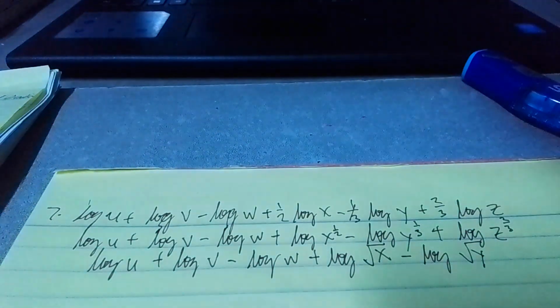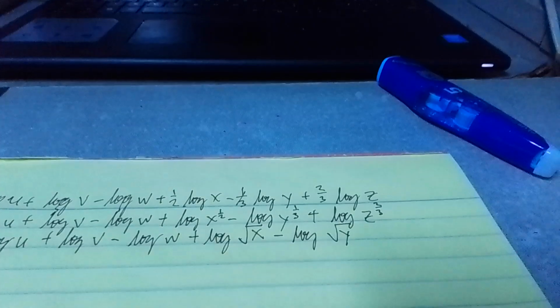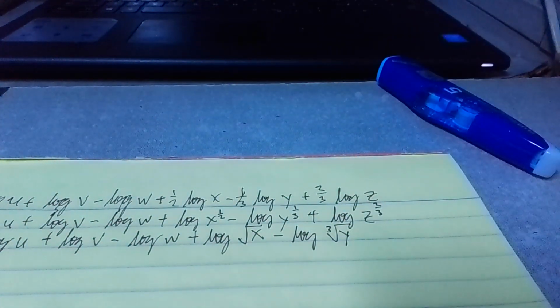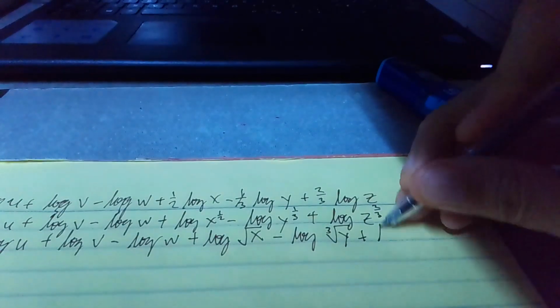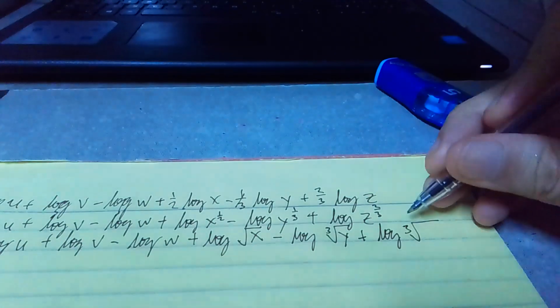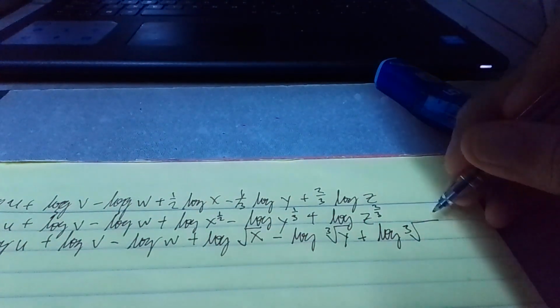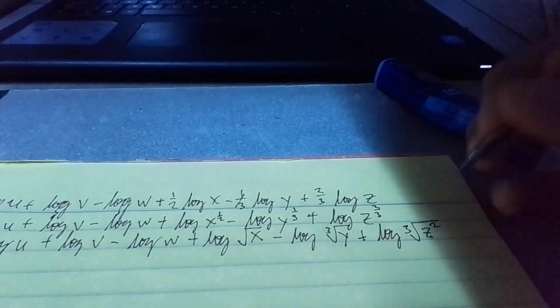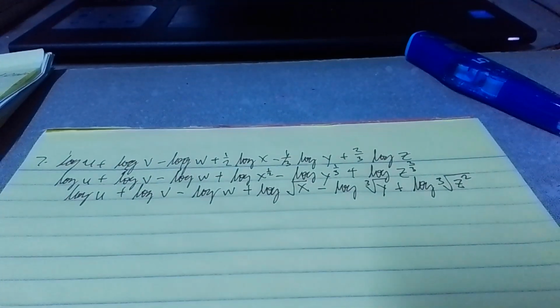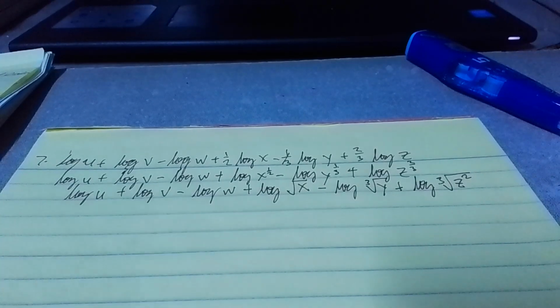Doing it this way, just copy what we have so far. Like log of u, log of v, minus log of w, log of x, and remember, naka-raise to the 1/2 power? In translation, that's the square root of x. Although walang number na nakita mo sa root, ibig sabihin square root na yan, automatic. And then we have minus log, and then y.